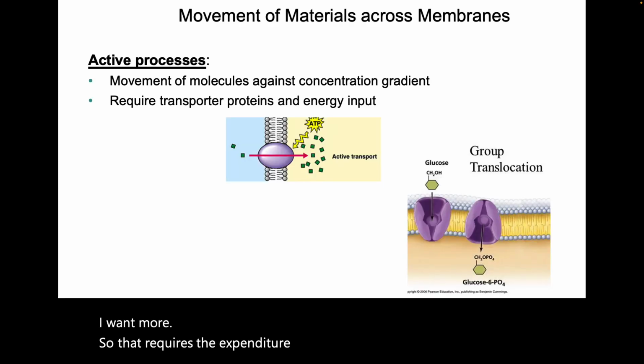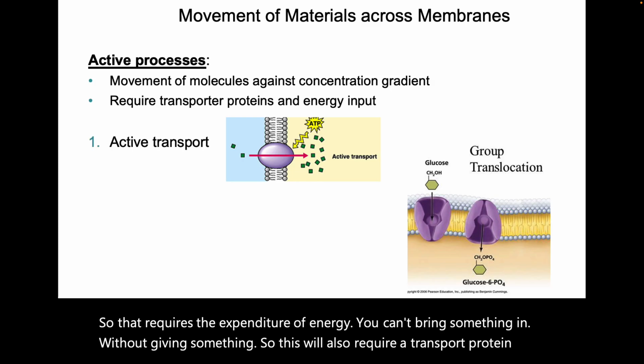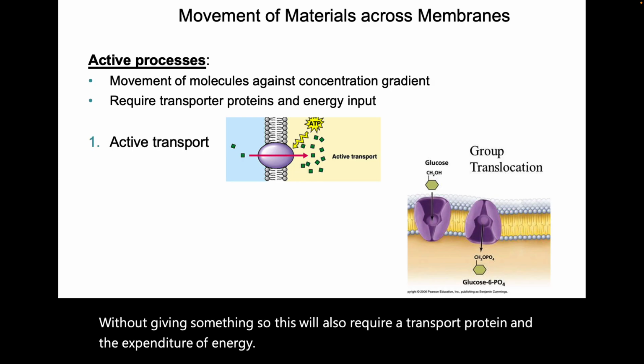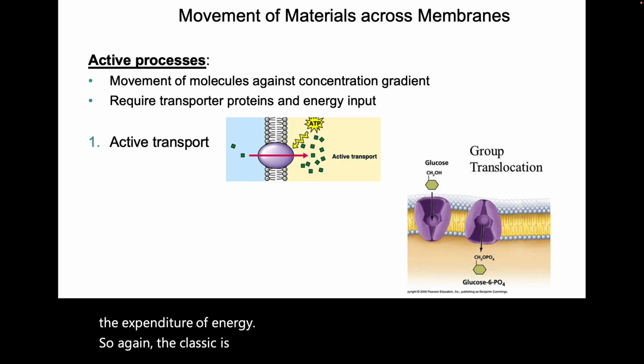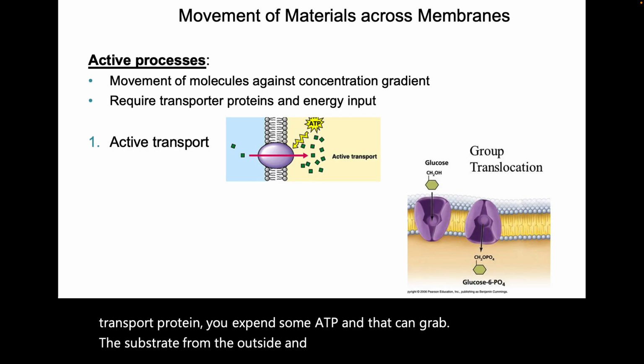You can't bring something in without giving something. So this will also require a transport protein and the expenditure of energy. So again, the classic is active transport where you have a transport protein, you expend some ATP, and that can grab the substrate from the outside and bring it in against the gradient.